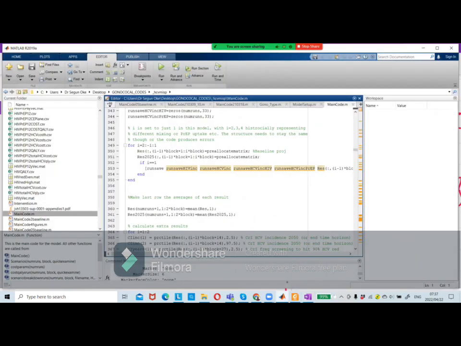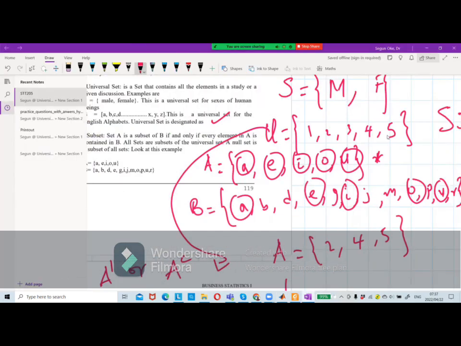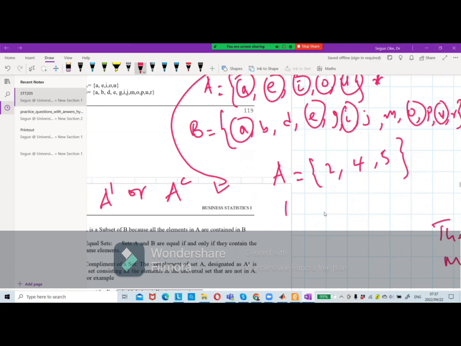So what is my A prime in this case? What would A prime be?